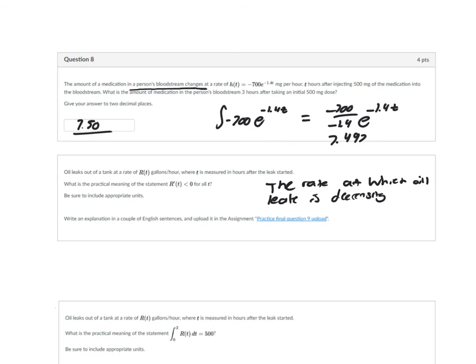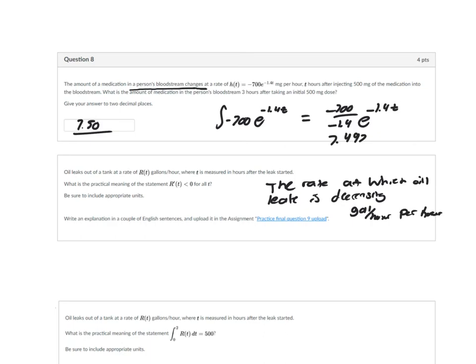So an easy way to remember that is, since we're taking the derivative each time with respect to t, if we're already in gallons per hour, then we'll just put another per hour on there, because we're taking another derivative with respect to time. Okay, so the rate at which the oil leak is decreasing in gallons per hour.